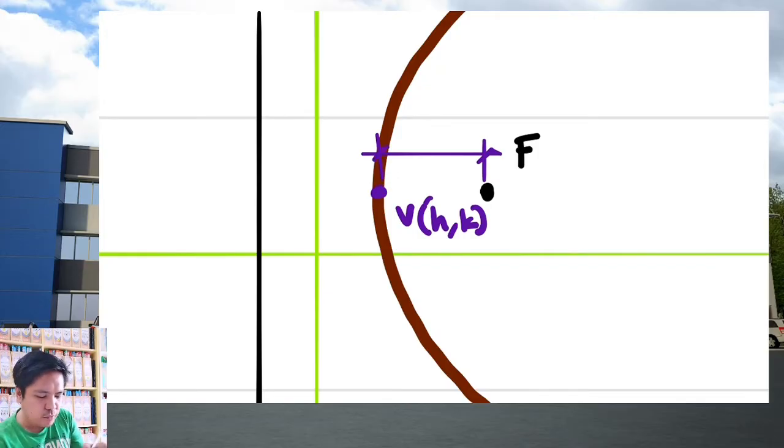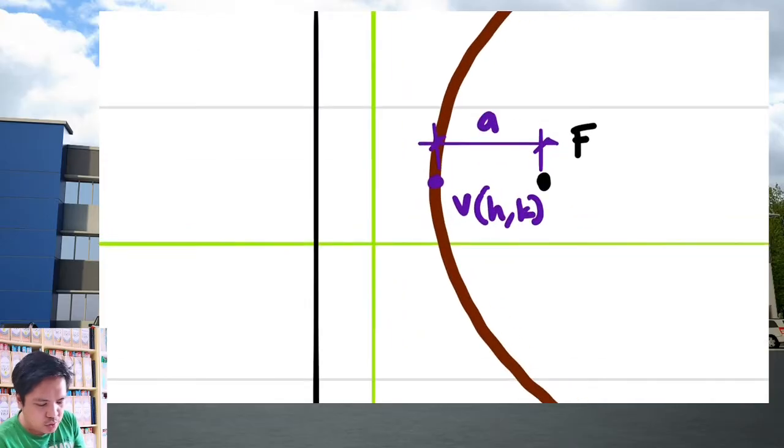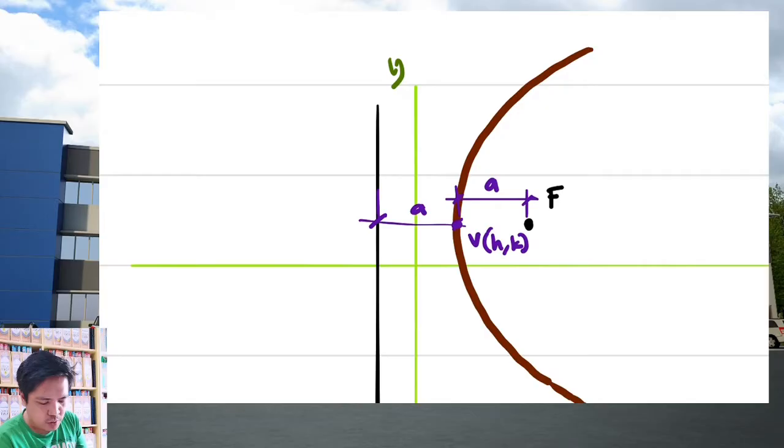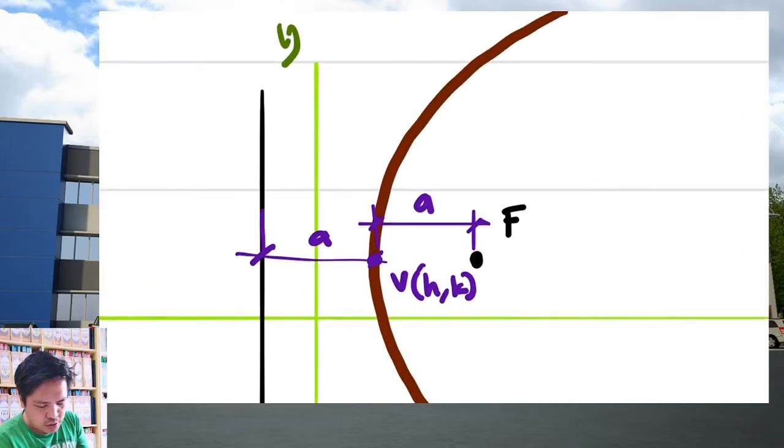So the distance from the vertex to the focus is denoted as a. If we follow the definition of a parabola, this point's distance to the focus should be the same as its distance to the line called the directrix. So this distance should also be a.